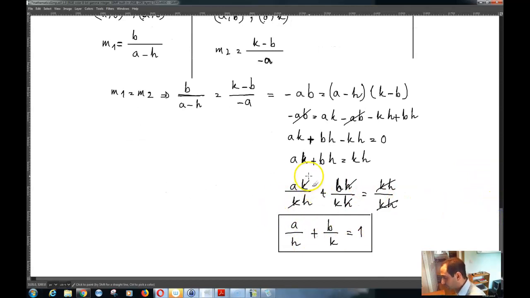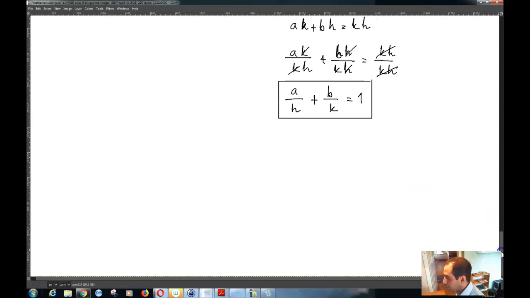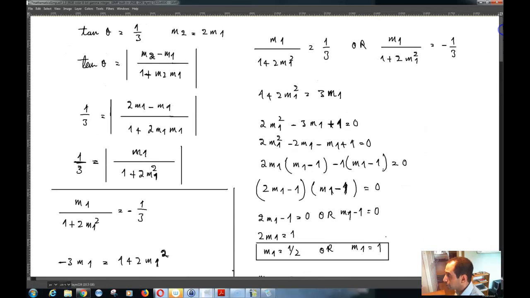Now what you can do with this depends on the different situations that you might come across, which we will see later. So that is basically that.